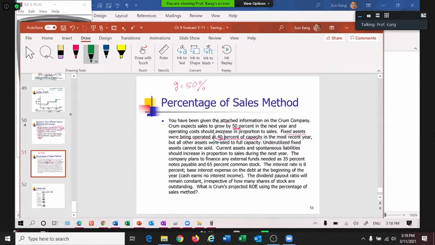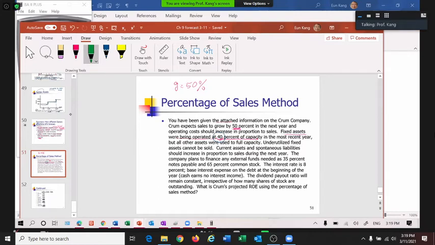But other assets were used to full capacity. That means other assets will increase the same as sales. Underutilized fixed assets cannot be sold. That is just extra, you don't need this, right?